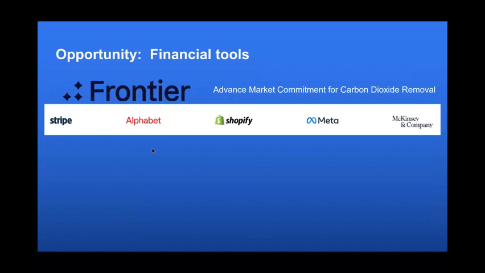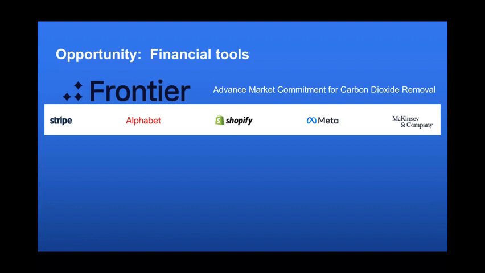So let's shift from some of the different approaches to carbon removal to some of the other opportunities in this space. There's some financial things going on. There's this organization called Frontier, which is led by the company called Stripe, and they have gotten a lot of other sponsors, and are investing over $1 billion in what they call advanced market commitment for CDR. So advanced market commitment is they're funding a lot of these startups with money to go ahead and remove carbon.